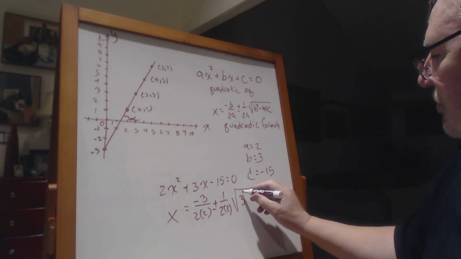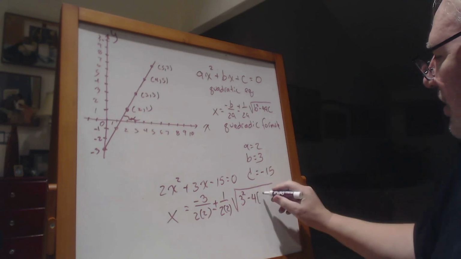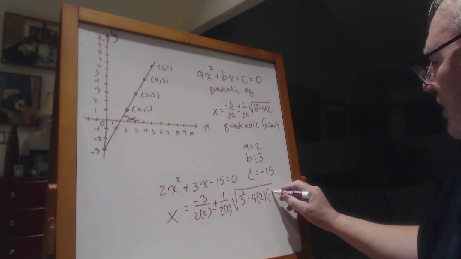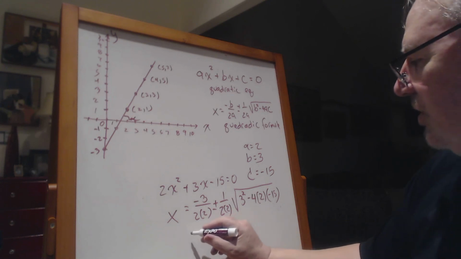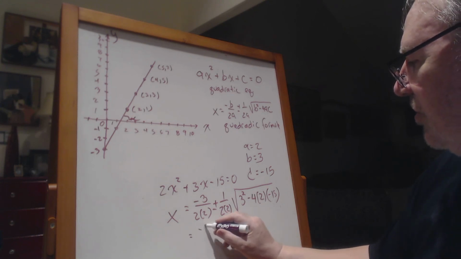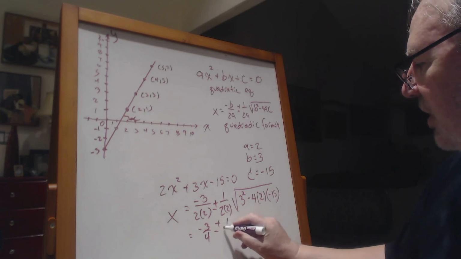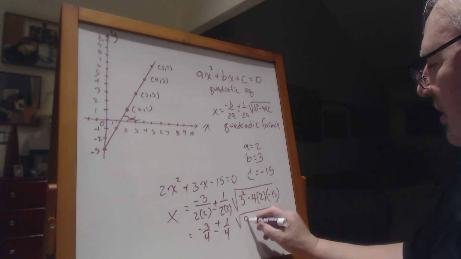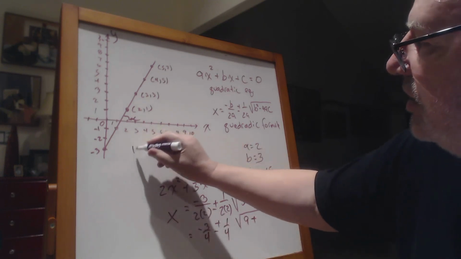That's 3 squared minus 4a times c. And that is equal to minus 3/4 plus or minus 1/4 times the square root of 9 plus 8 times 15.